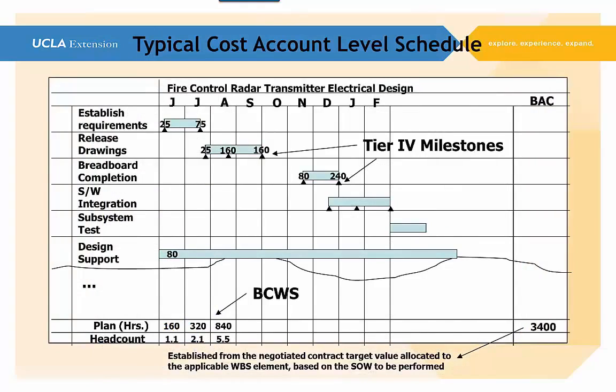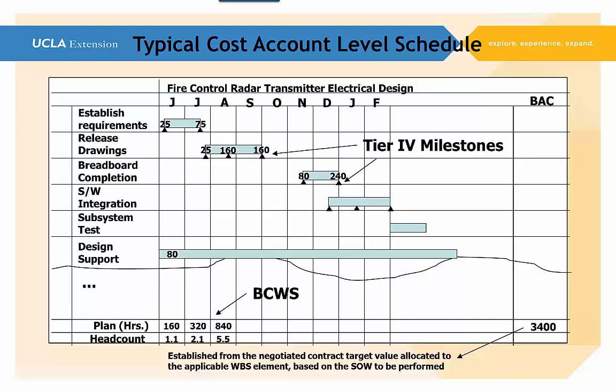We also can take a look at various cost account level schedules, where we're looking at different schedules and we collect the various tasks by the cost account, establishing requirements or release drawing. In other words, each one of them is a conglomerate of many tasks, and what we're communicating here is various milestones at different levels, and we're recording the budgeted cost of work scheduled over a monthly period.